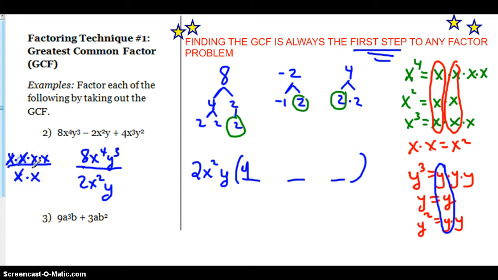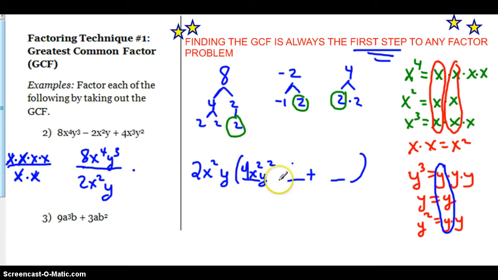So those would cancel and you'd be left with x squared. Last, you'd have y cubed divided by y, and that would result in y squared. Okay, so you multiply to check, make sure 4 times 2 is 8, x squared times x squared is x to the fourth, and then y squared times y would be y cubed. So the first term is correct.